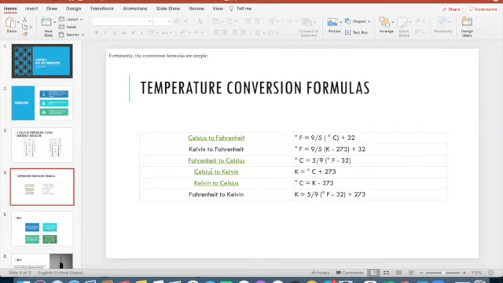From Celsius to Kelvin, you add 273, and then from Kelvin to Celsius, you subtract 273. And then last but not least, from Fahrenheit to Kelvin, Kelvin is equal to 5 divided by 9 multiplied times Fahrenheit minus 32, plus 273.